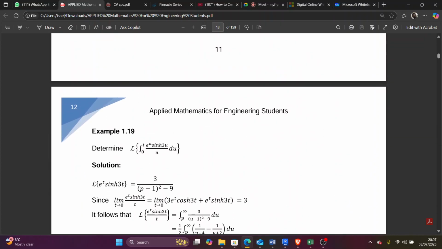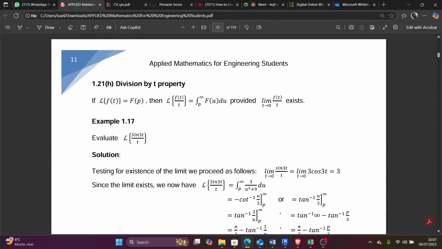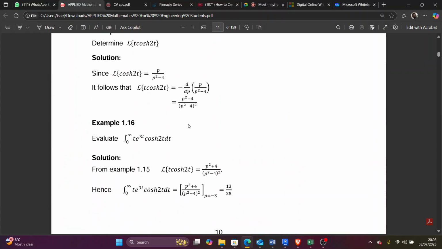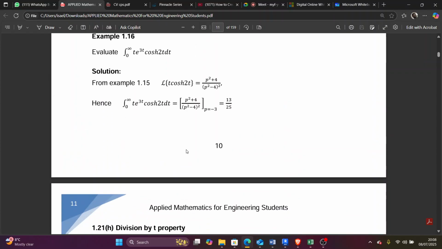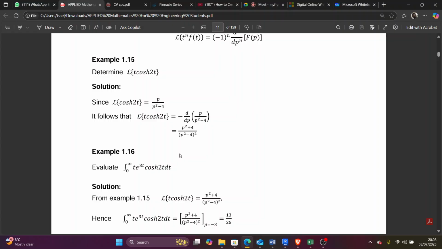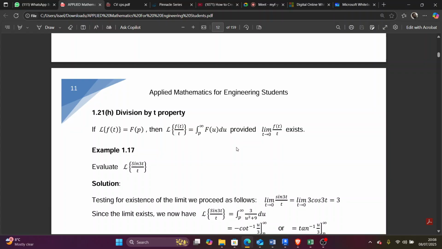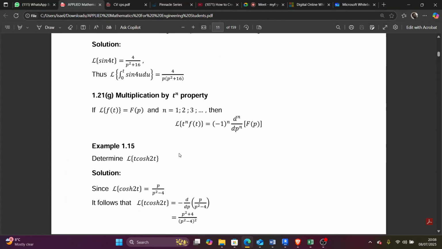It is called the division by t property, and I don't want to go to it before teaching it. I'm not running away from it. Most of the questions there are division by t. There is a rule to it that I need to explain thoroughly, and I want to do that with you tomorrow. So tonight, let's do what's on the scope.